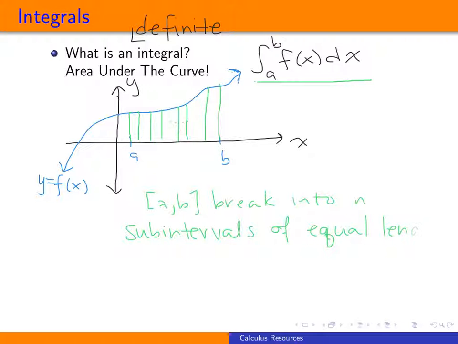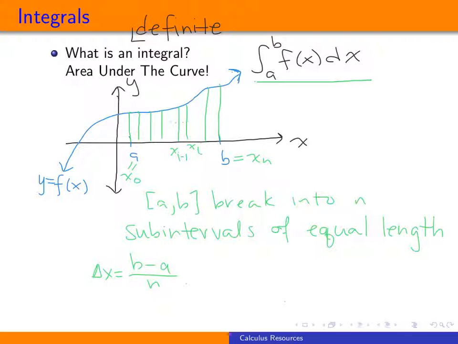Now that length from a to b has the length b minus a, and since I'm making n of them, this length is b minus a over n, which we denote by delta x. So we'll take a look at the ith subinterval, which will have subscripts x sub i minus 1 and x sub i. We end at n, so b is x sub n, and a is x sub 0.